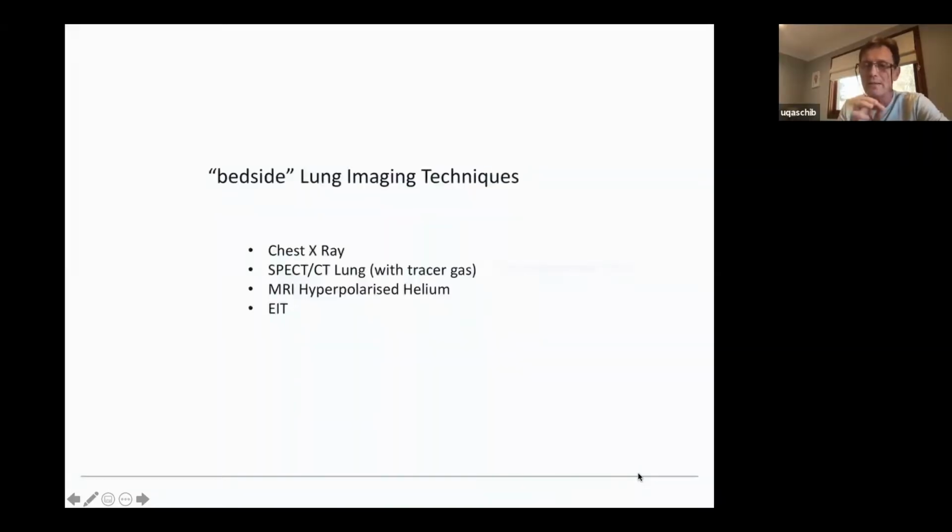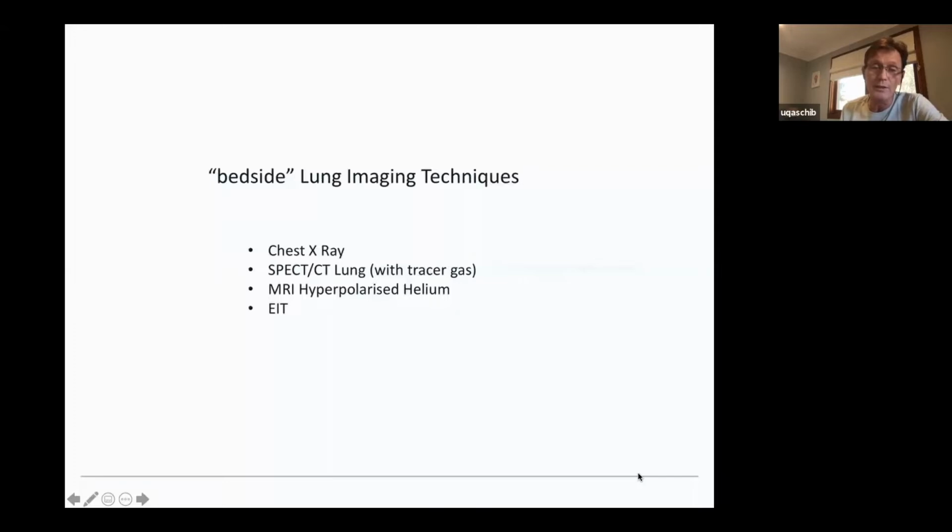So, bedside lung imaging techniques. We certainly have imaging techniques available. Our blunt tool is the chest X-ray, and that's what we use. We look at the chest X-ray and say, oh, these lungs need to be better inflated, or the base of the lung is collapsed.